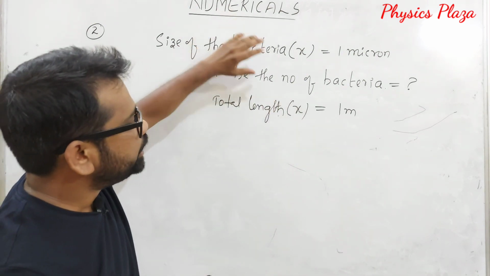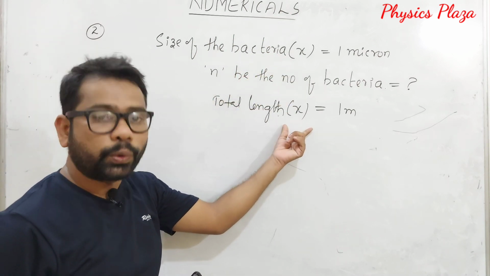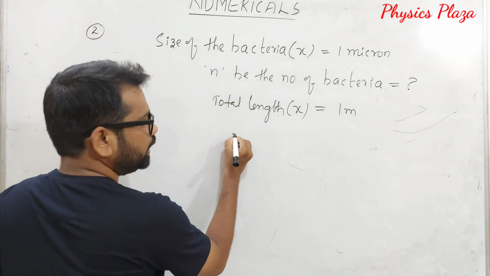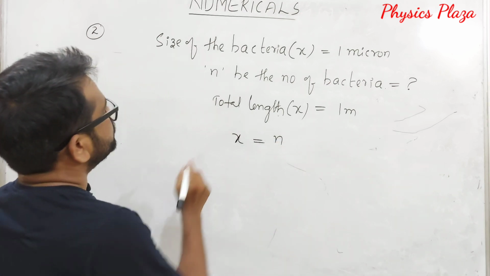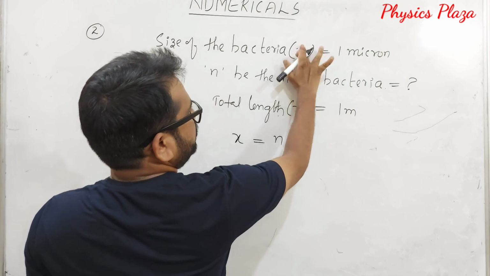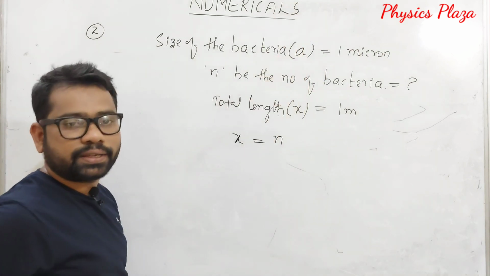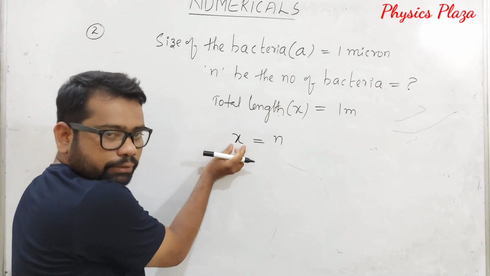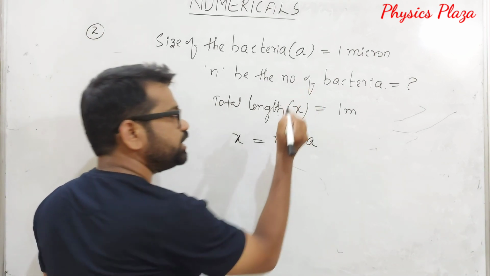Size of the bacteria into number of bacteria will give you the total length. Try to understand. Let the size of the bacteria be A. So total length is equal to number of bacteria into size of each bacteria.